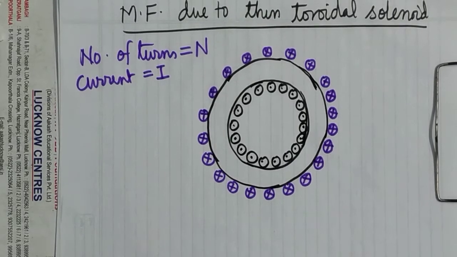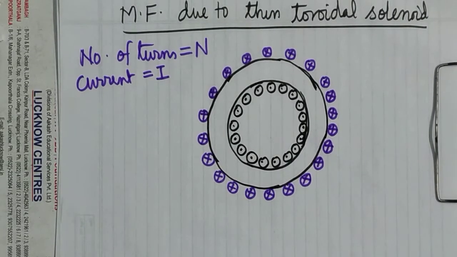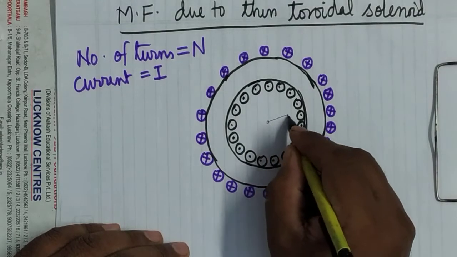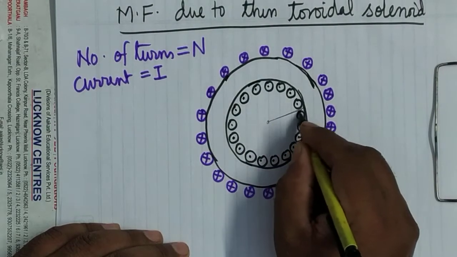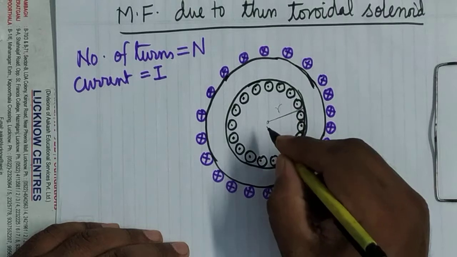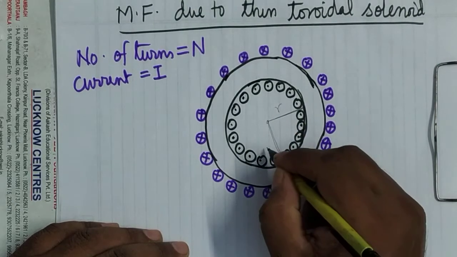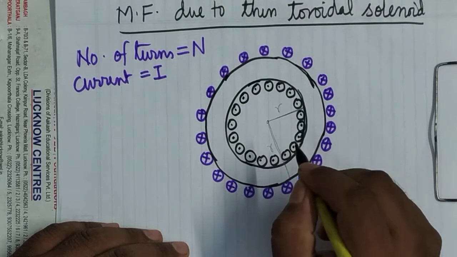Since this is a thin toroid, it means that its internal radius as well as external radius will be nearly equal. Whether you take this distance, or you take this distance, it will also be equal to small r.